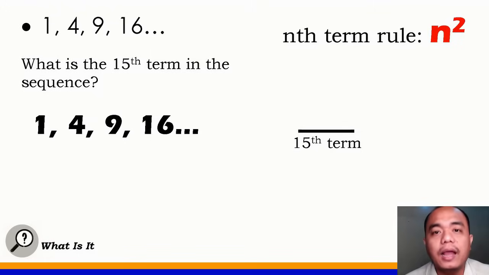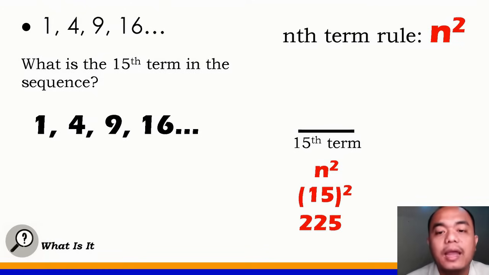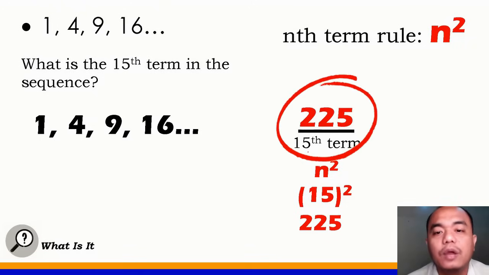But then, ang gagamitin na lang natin para shortcut na lang, para mas madali ang pag-solve, is yung n-term rule na n squared. So, ang n, papalitan natin yan ng 15. So, 15 times 15 na tayo. And that gives you 225. So, ang pang-15 term sa given sequence is 225.